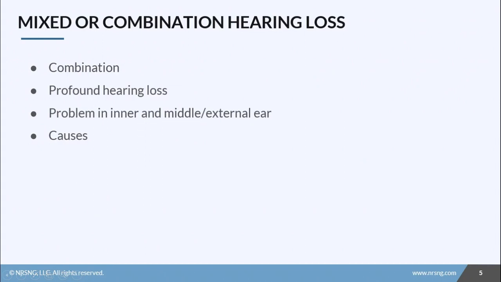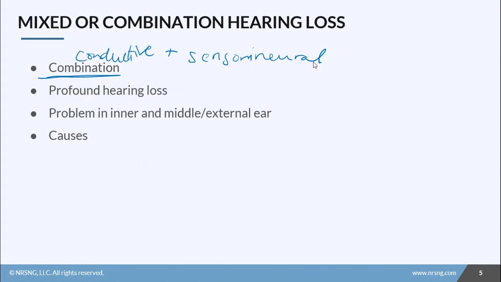Okay, guys, so mixed or combination hearing loss is literally just a combination of the two different types of hearing loss. So it's a combination of conductive and sensorineural. A lot of times these patients can have a pretty profound hearing loss just due to the nature of both of the types of hearing loss occurring at the same time.